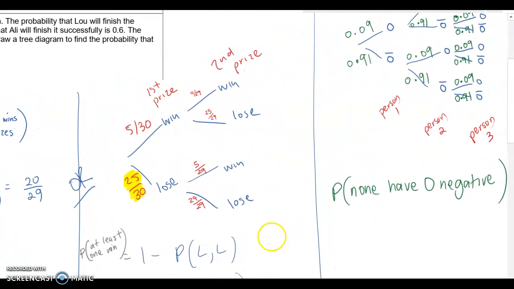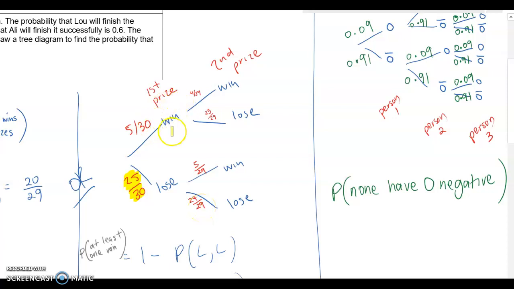Okay, now we've got our first prize. We're assuming that that's happened, and now we're drawing our second prize. We're going to assume that once you've drawn a ticket, that doesn't go back in, that you can only win once with that 1 ticket. So our 30 tickets have gone down to 29 now. We've only got 29 tickets in there.